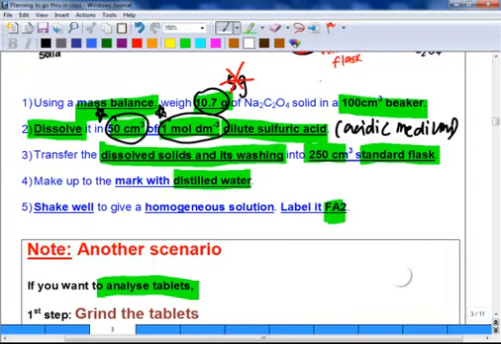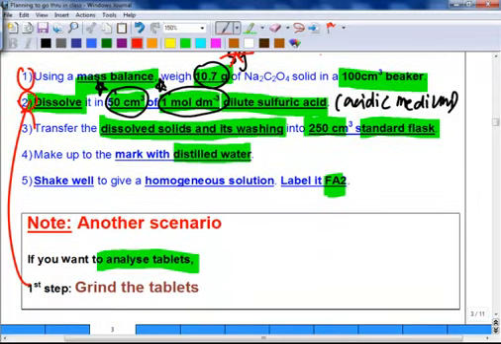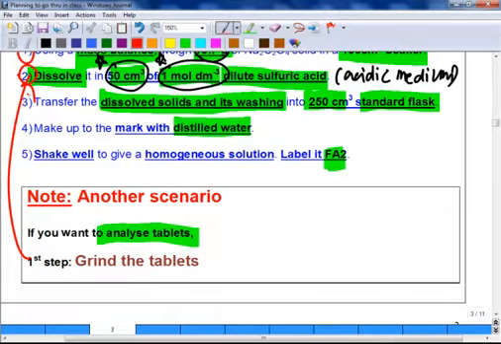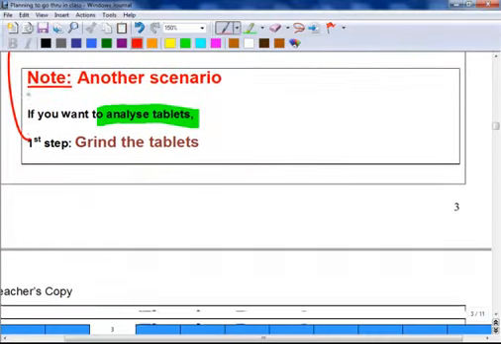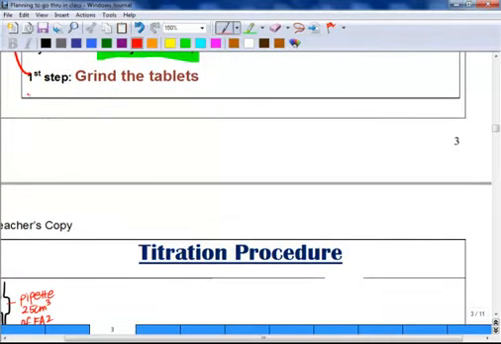So if you want to analyze one tablet, you grind everything and then place everything straight away to dissolve, straight away go to step 2. But if you want to analyze half a tablet, you still need to go on to step 1 and say how much you want to measure out. Is it okay? Can I move on? Okay, next part.